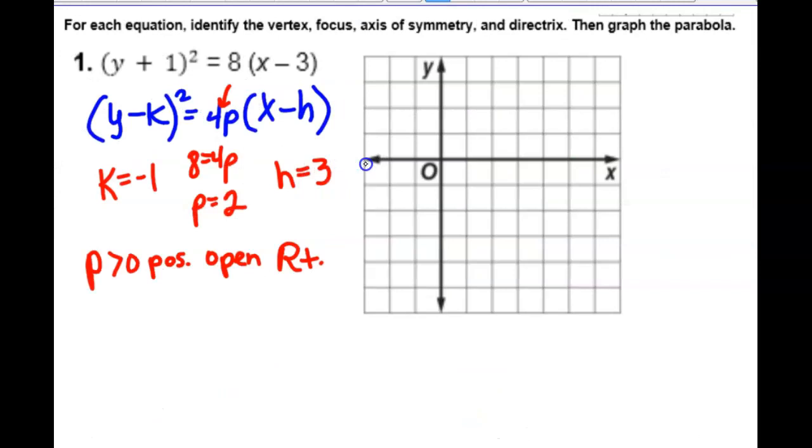All right, so Cameron, tell me the vertex. Be real careful. It's h, k, so it's 3, -1. There we go. 3, -1 is the vertex. Okay. How do we find the focus, Aislinn? Can you tell me?